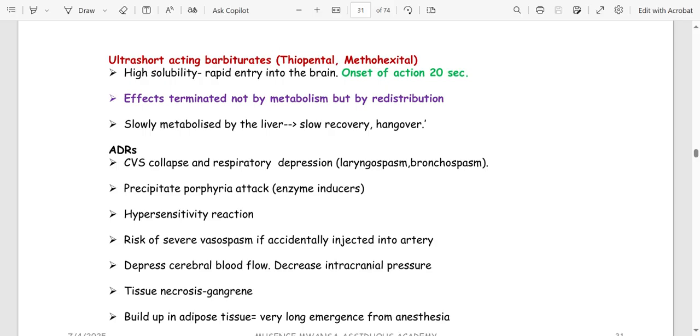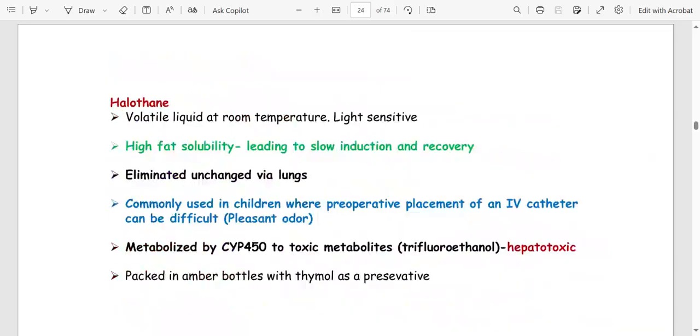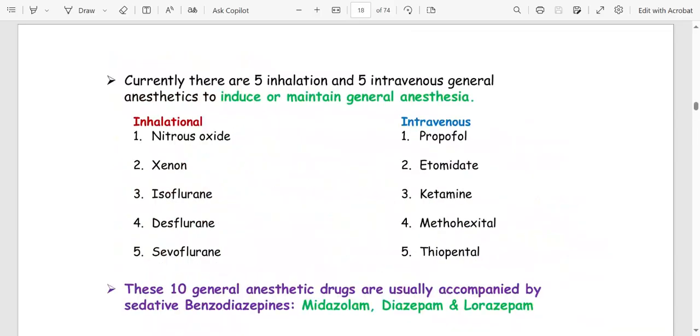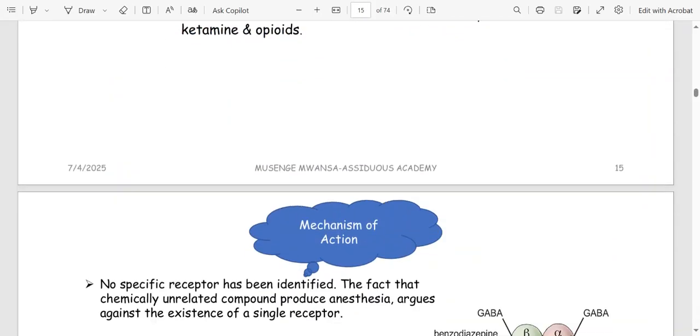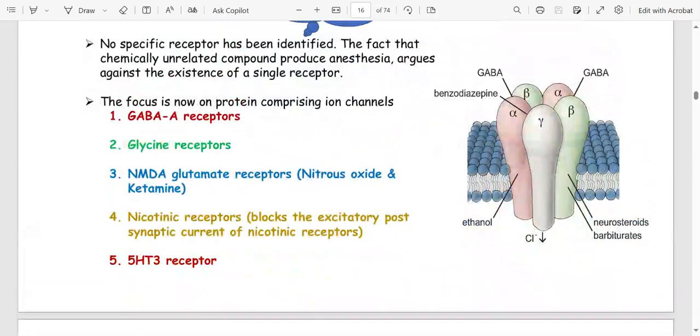Remember the barbiturates are also potentiating the effect of GABA A, working on a subunit of that receptor, the same receptor where ethanol works. So the barbiturates also work on that one.